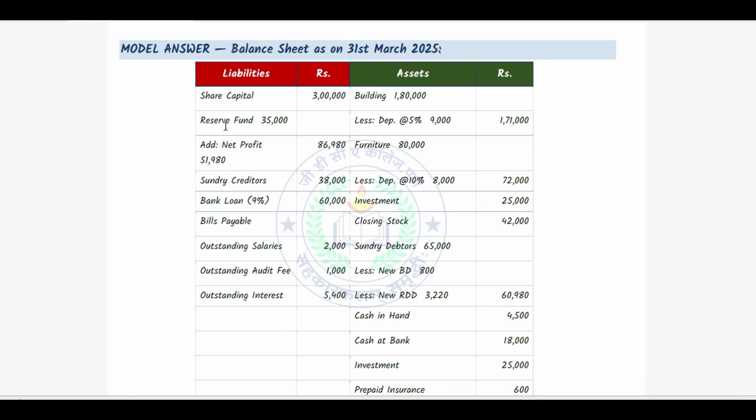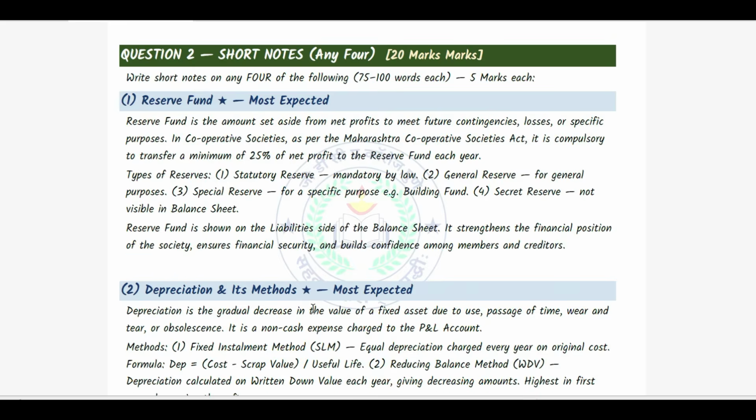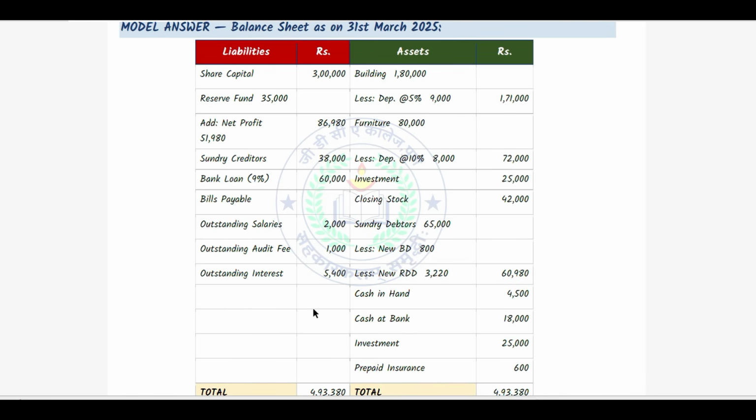Share capital 3 lakh rupees, reserve fund 35,000 rupees, and net profit of 51,980 rupees. That is coming up 86,980 rupees. Sundry creditors 38,000. Bank loan at 9%, 60,000 rupees. Bills payable. Outstanding salaries 2,000 rupees. Outstanding audit fee 1,000 rupees. Outstanding interest 5,400 rupees.